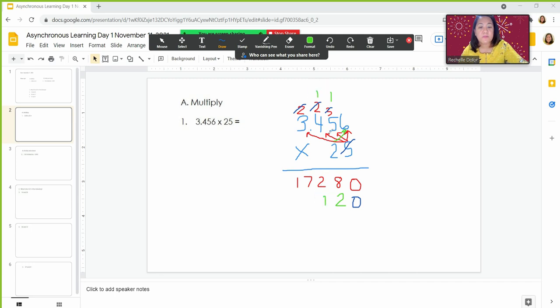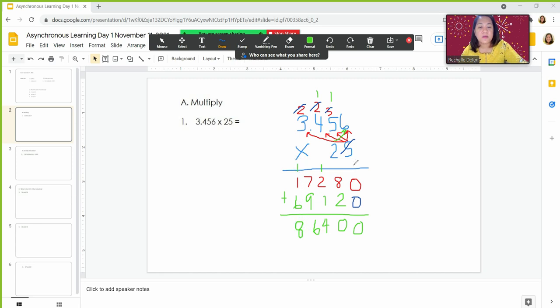Carry 1. 2 times 4 is 8 plus 1 is 9. Then 2 times 3 is 6. Then you're going to add. Okay? So you have 0 here, 10, carry 1, 4, then 16, carry 1, 6, 7, 8.